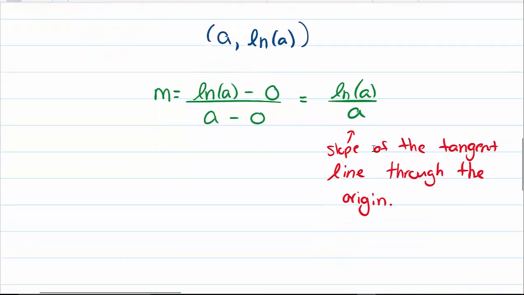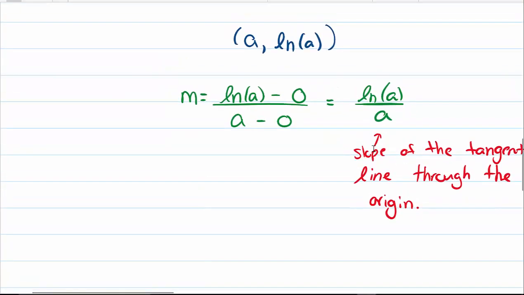Okay? So now we need to solve for this because we can't have that as our answer. We need a numerical answer. So we also know that f of x is ln of a. So f prime of x is 1 over a.